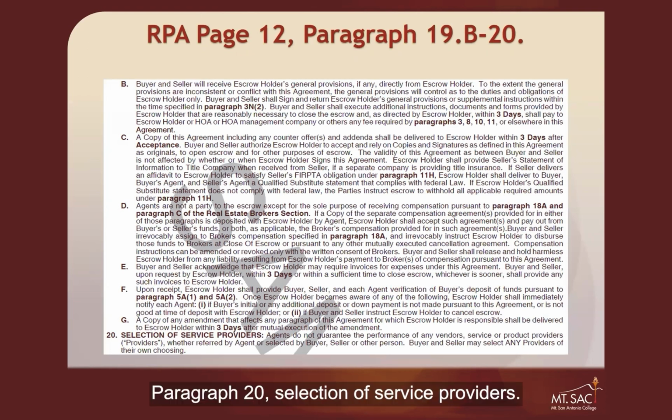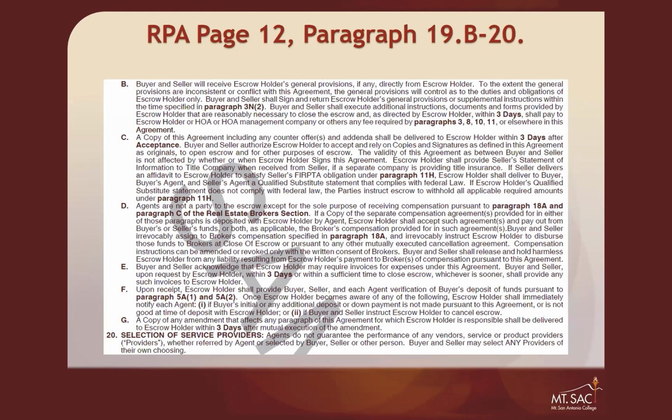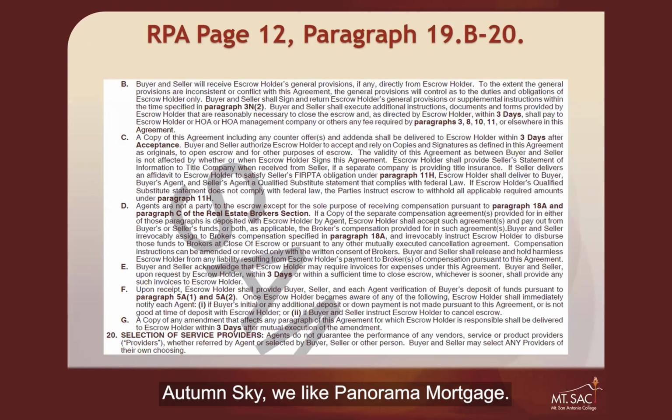Paragraph 20, selection of service providers. So we like Fidelity, we like Autumn Sky, we like Panorama Mortgage, we like Werner Termite, right? But who really decides on who uses those? The buyer and the seller, right? They ultimately decide who the service providers will be.